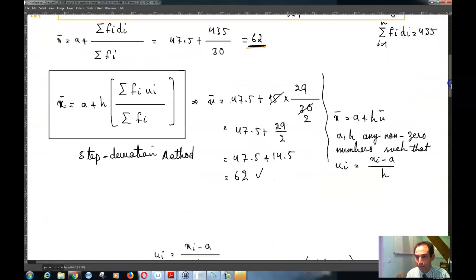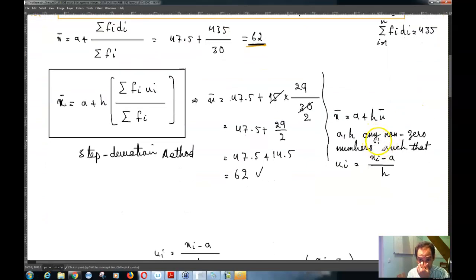But it seems that they have to be non-zero numbers. At least h has to be a non-zero number.